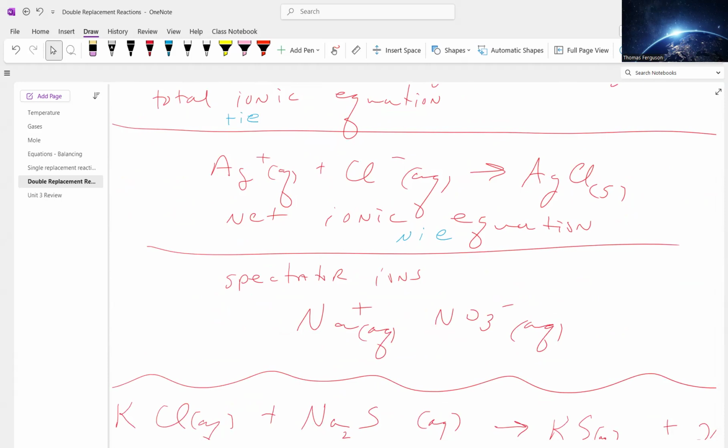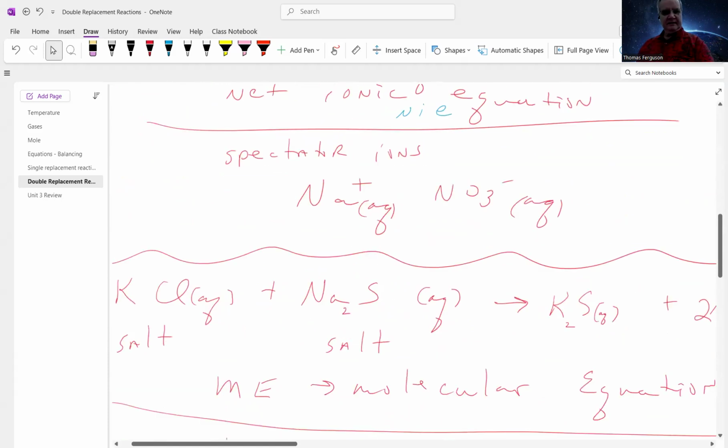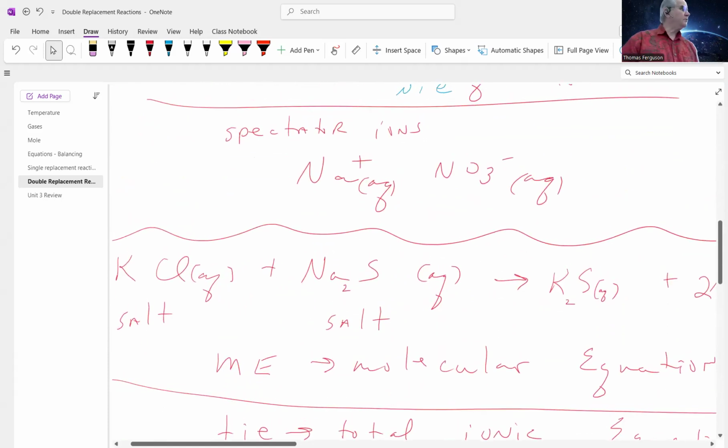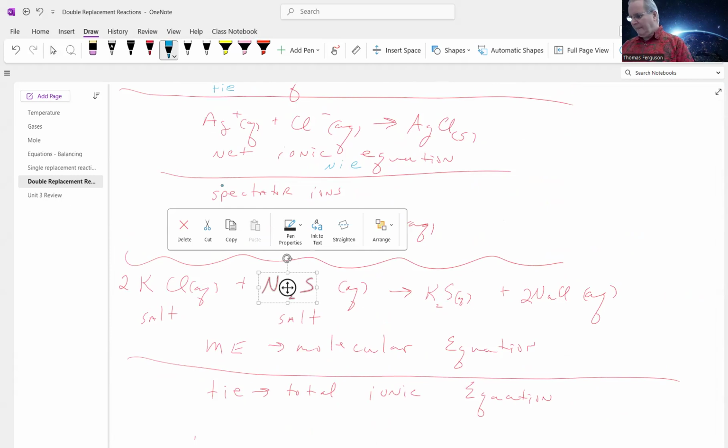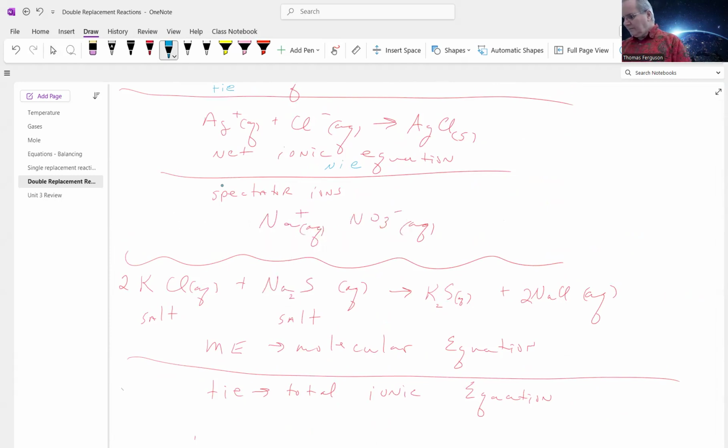Okay, sometimes when you add 2 solutions together, like potassium chloride, aqueous, plus sodium sulfide, aqueous. Now we know that's a double replacement because it's a salt and a salt. So when we write the molecular equation, it's going to be KCl plus Na2S.